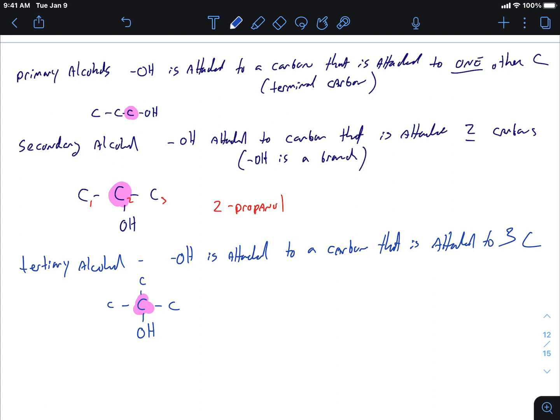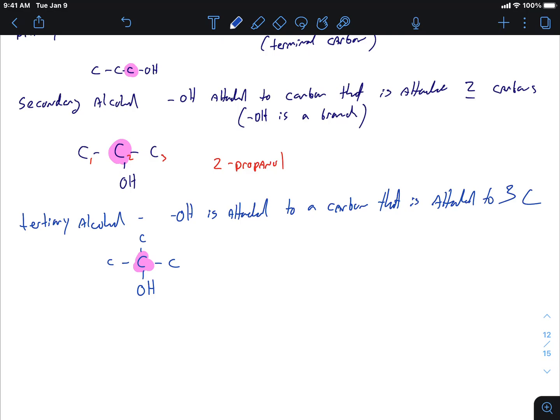Yeah? Like, say for example, they asked us to draw the primary alcohol or secondary alcohol diagram, would they tell us? How do we know? They probably would not tell you to draw a primary, secondary, tertiary. More so, they would give you the name, and you would have to deduce from the name where the OH is attached. Okay.